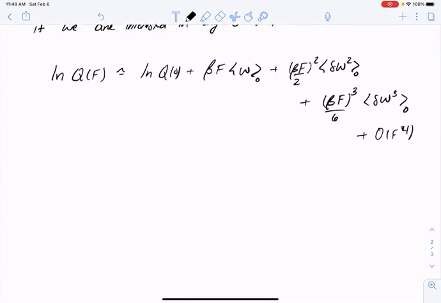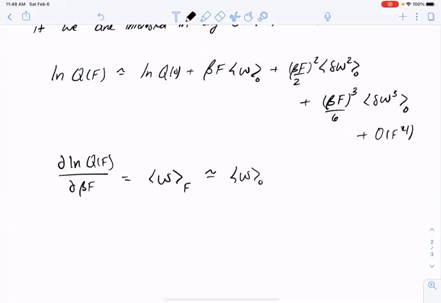Taking the derivative of this line with respect to beta F, I know is exactly equal to the average curvature in the presence of the force, and from my Taylor expansion, approximately equal to the average curvature in its absence, plus beta F, the fluctuations in the curvature in the absence of the force.